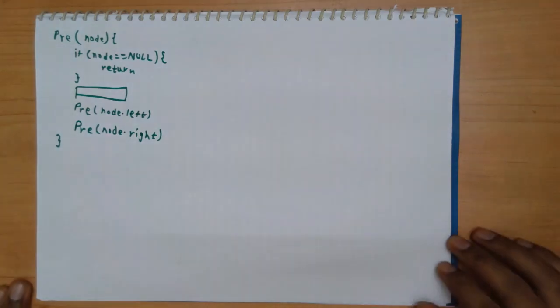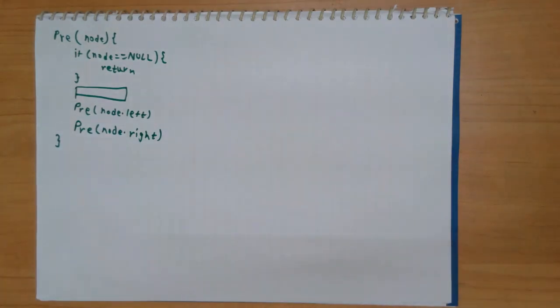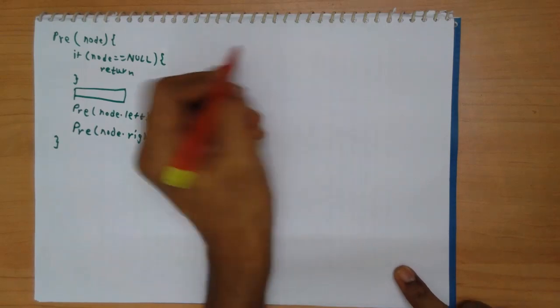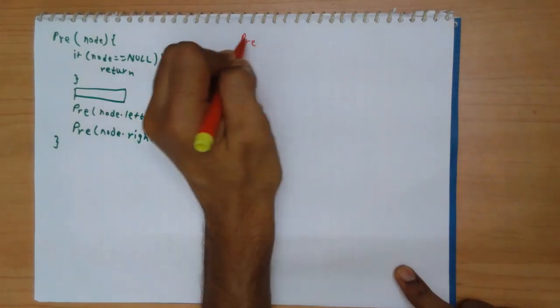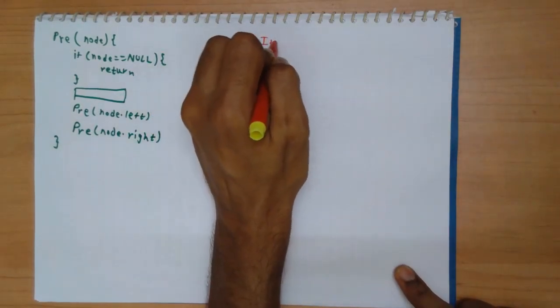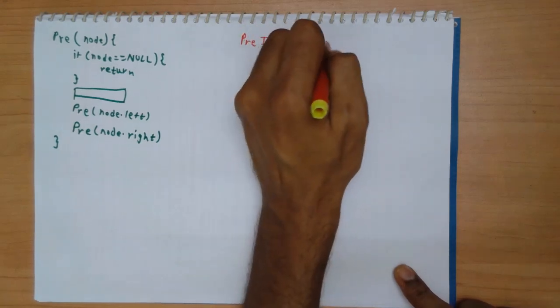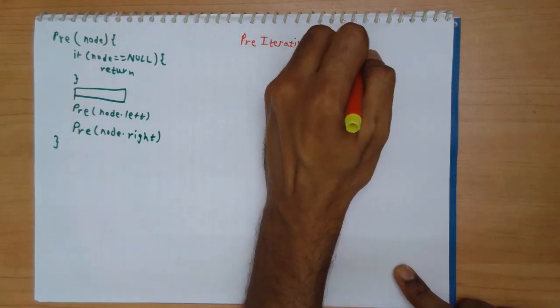Now let's try to reframe this logic in an iterative manner. So now I'm going to have the pre-order traversal iterative, and this also receives a particular node as input.